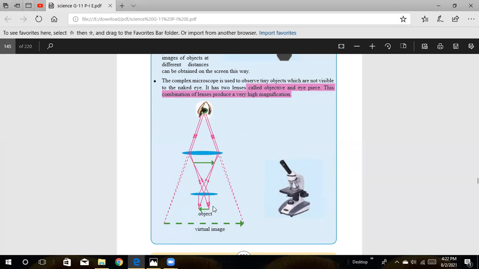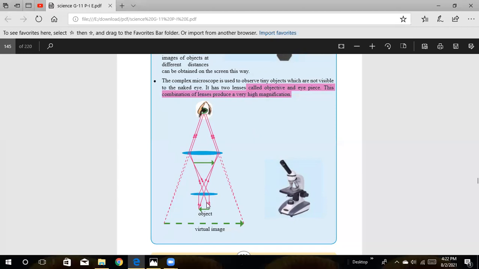This is the objective and this is the eyepiece. Right? This lens is the objective and this lens is the eyepiece. Right?